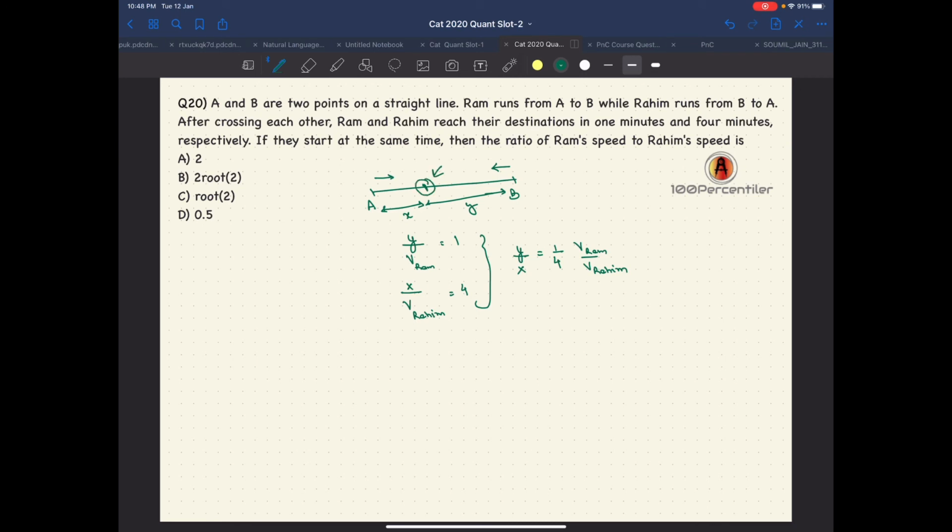Therefore, from this we also know that y upon V Rahim is equal to x upon V Ram. Therefore, y upon x is also equal to V Rahim upon V Ram. We have to find the ratio of Ram's speed to Rahim's speed. So, V Ram upon V Rahim is 4. Therefore, 2 is the required ratio here.